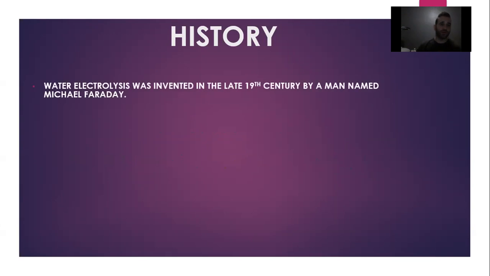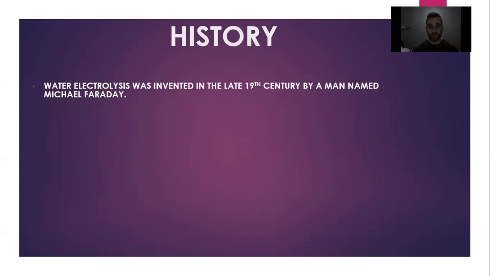Okay, so let's do a little bit of history on electrolysis of water. Water electrolysis was invented in the late 19th century by a man named Michael Faraday. Michael Faraday invented many other electrical devices in the late 1800s, one of them being the capacitor. Some of you may already know what that is.